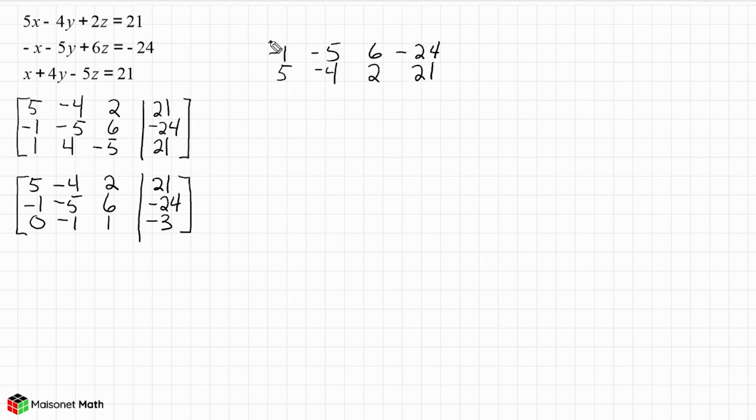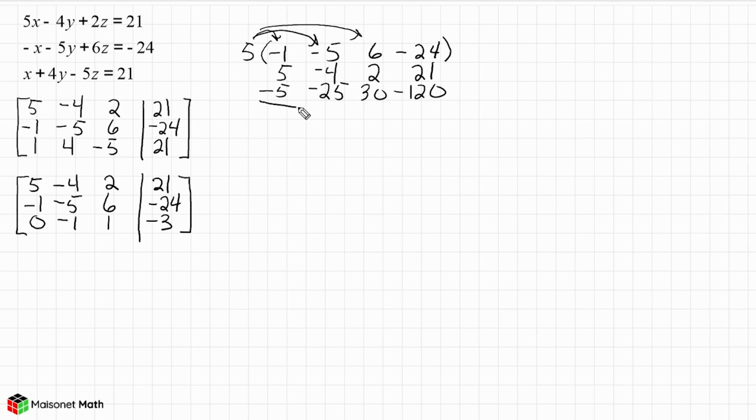And to do this, we have to multiply every number in that equation by 5. So 5 times -1 is -5. 5 times -5 is -25. 5 times 6 is 30. And 5 times -24 is -120.